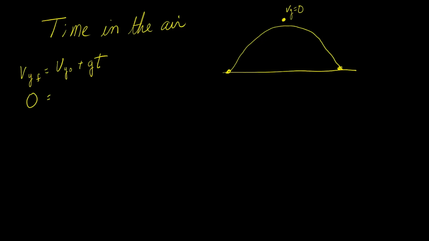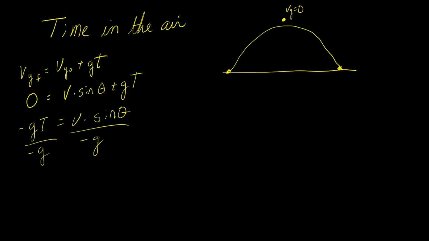So that's going to equal v times sine theta plus gt. Okay, let's take the gt to the other side: gt equals velocity times sine theta. Divide both sides by g. Now we're going to ignore this negative g here because actually gravity will be negative 9.8.